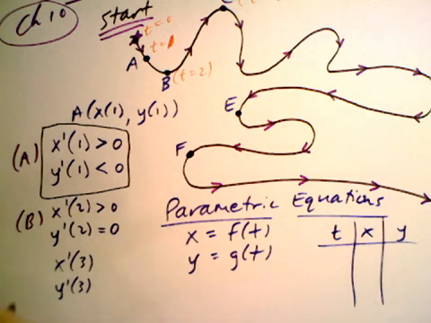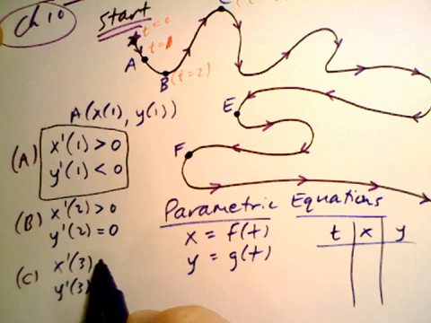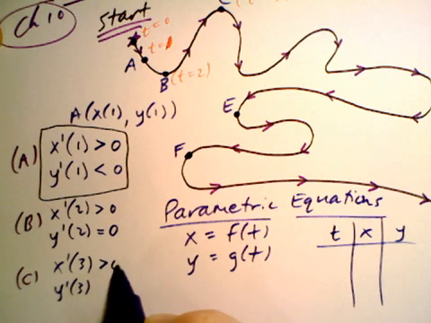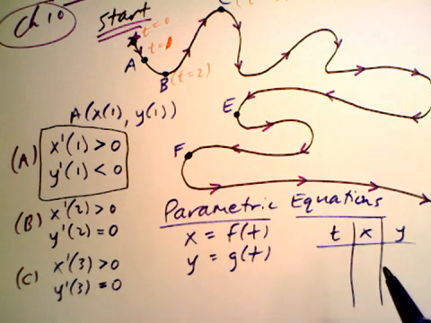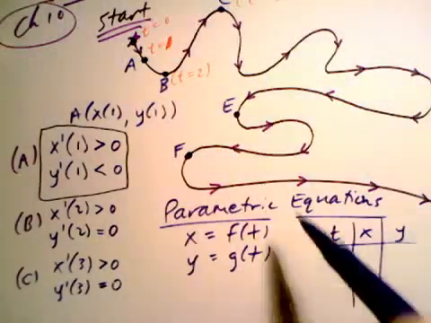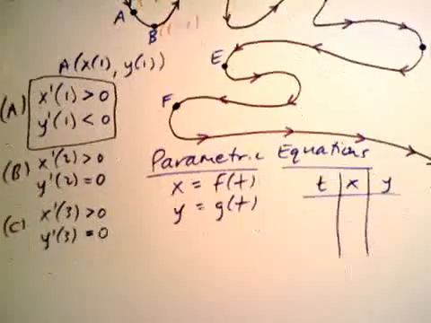We are at point C. If you look at point C, you would notice again that x prime is greater than 0 because it's still moving to the right. And then y prime at 3 would be equal to 0. Both at B and C, we hit a high point at C and a low point at B.